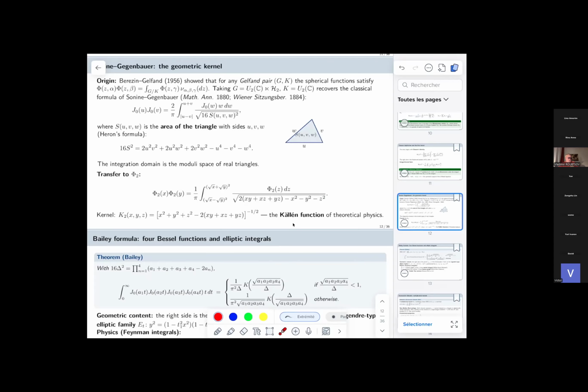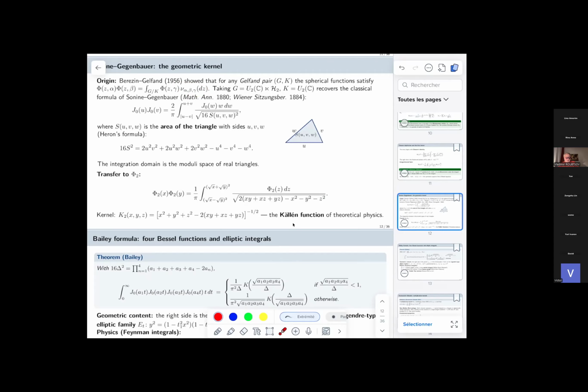The Gelfand pair is such a pair of G and K that the quotient G mod K is a symmetric space. Then the product of spherical functions corresponding to Gelfand pairs is an integral over this symmetric space of the same function with some measure, and this measure is defined. This is my Protor kernel, for example.